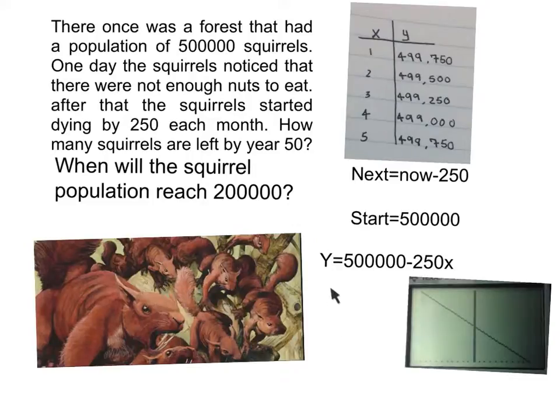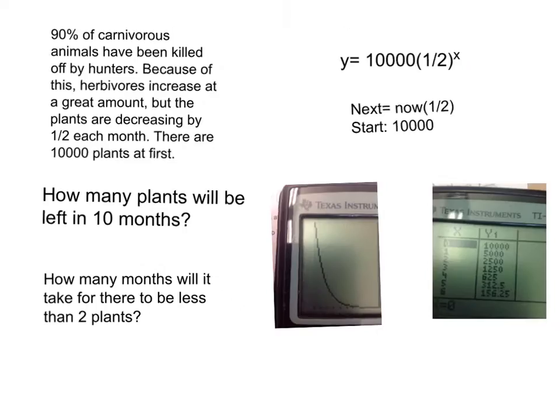For our equation, y is equal to the total number of squirrels, x is the amount in months, minus 250 is the amount of squirrels dying, and 500,000 is the starting number of squirrels.